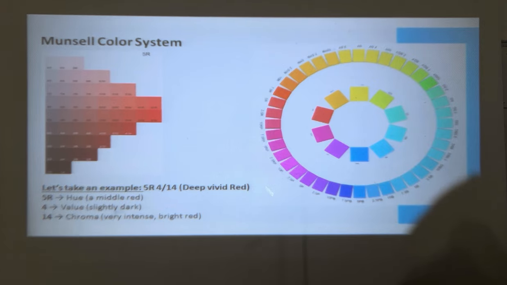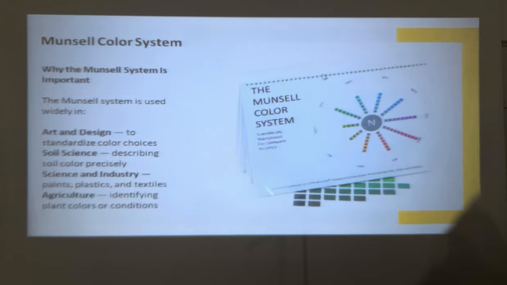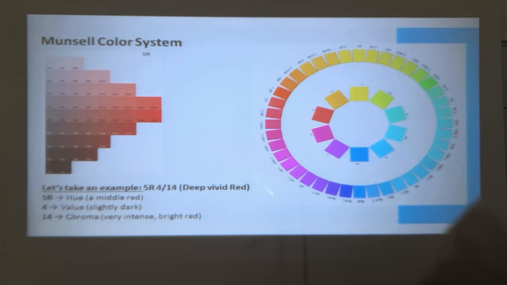this number 4 refers to the value. So how light or dark it is. So where is number 4 located? Do you see this column here? This is the center. Notice again, how light and dark.